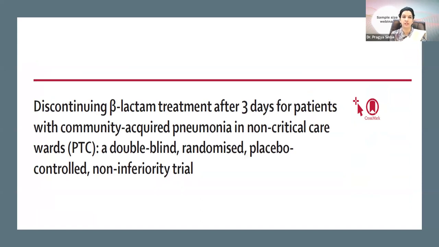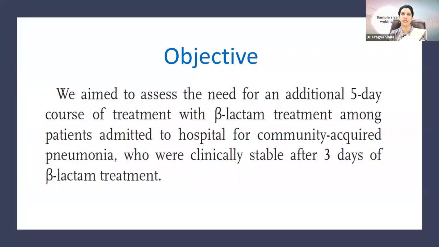Another question: discontinuing beta-lactam treatment after 3 days for patients with community-acquired pneumonia in non-critical wards, a double-blind randomized control trial. In this case, the aim of the author was to assess the need for an additional 5-day course of beta-lactam treatment among patients admitted to hospital for community-acquired pneumonia who were clinically stable after 3 days of beta-lactam.